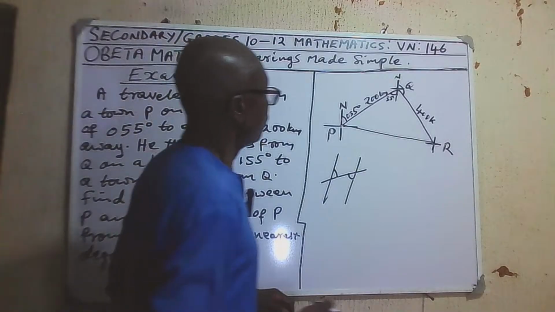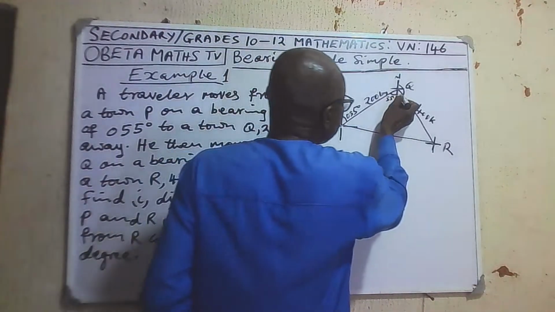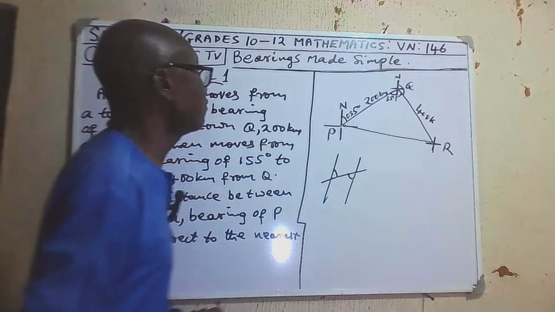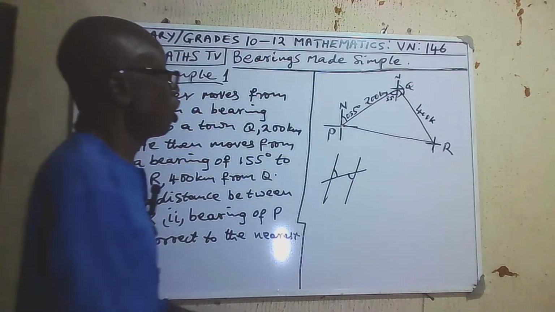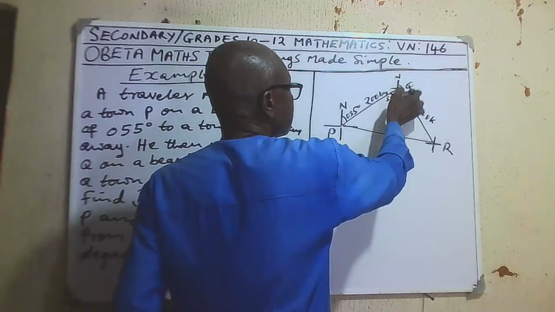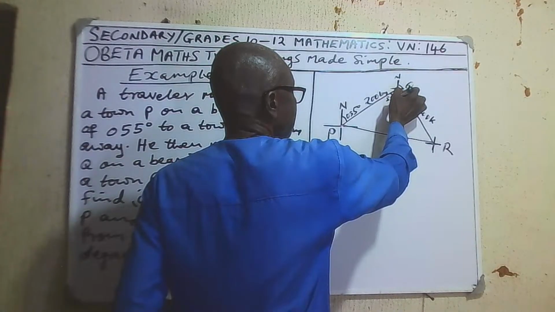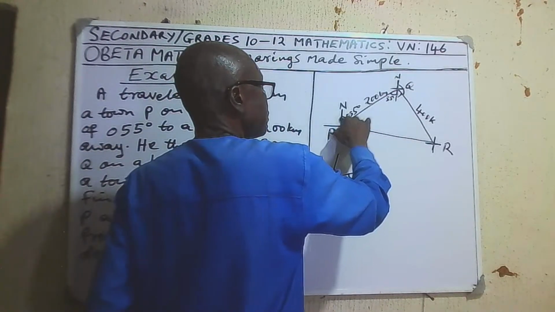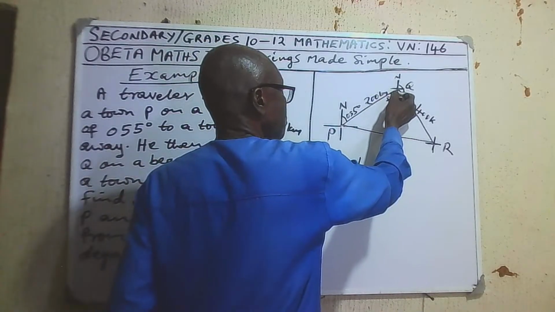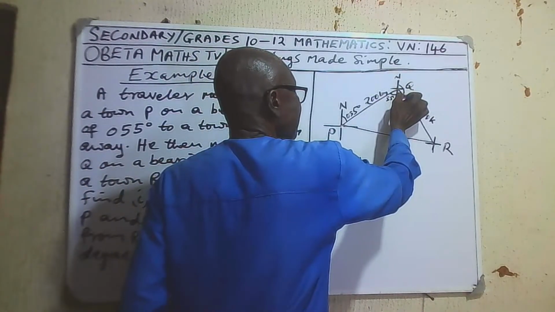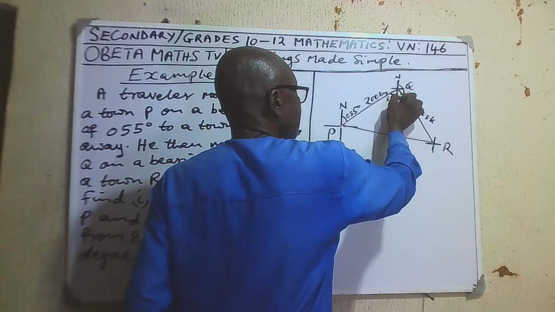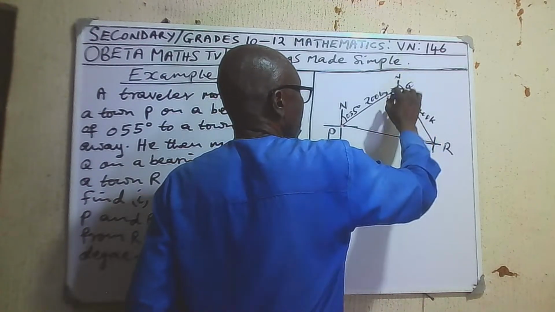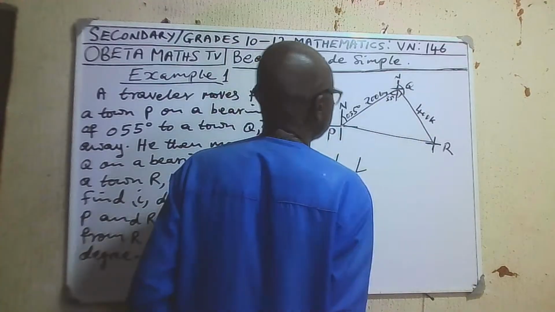Okay. So the next thing, for us to get this small angle here, we need to subtract 155 from 180, because the whole of this from here to this line is 180. Remember, we have calculated this, which is equal to this. We have calculated this one to be 55. So for us to get this small angle inside, we have to subtract 155, which is the one outside, from 180.